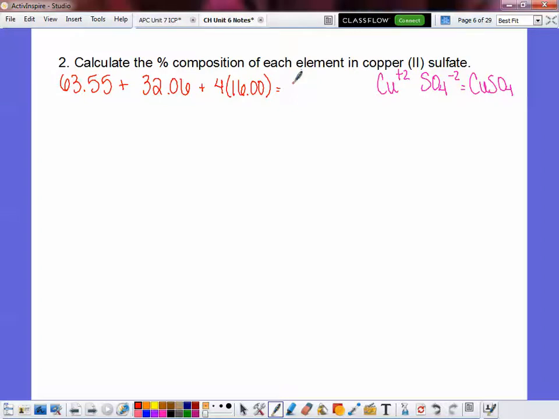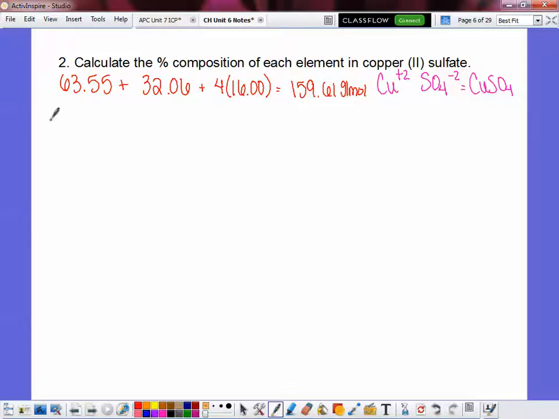And you get a number that you're going to tell me. 159.61 grams per mole. Okay? So remember, what is that number? That's going to be our denominator in each of our percentages.